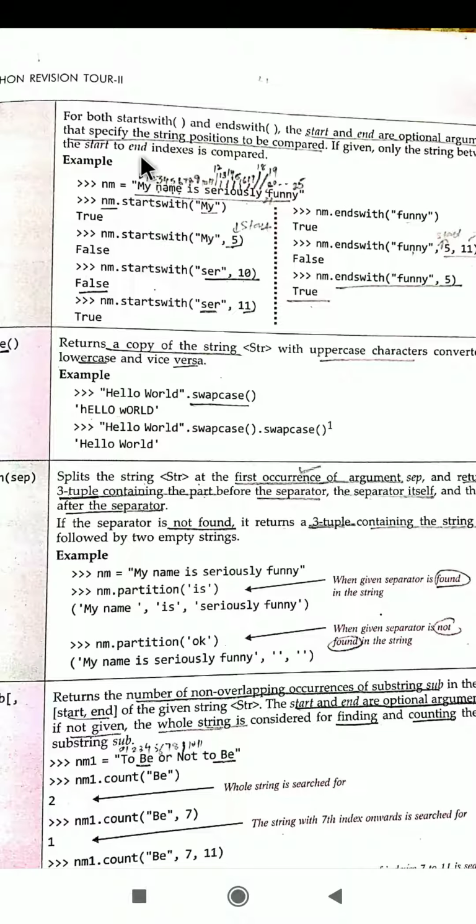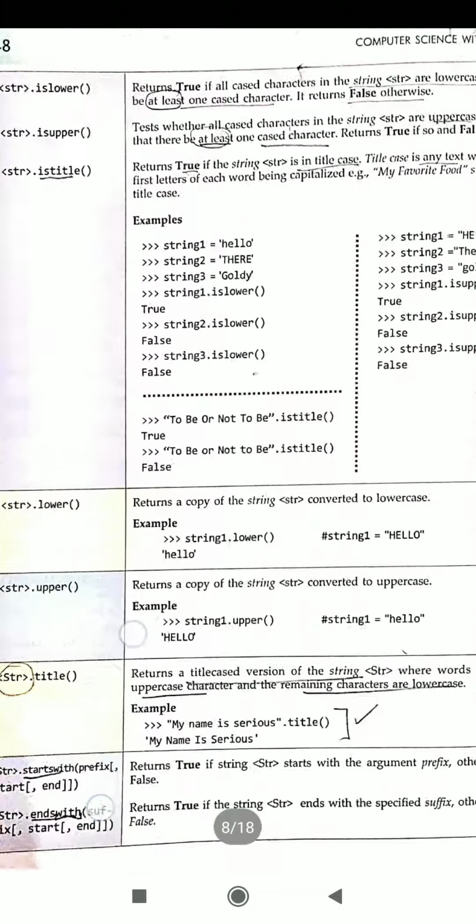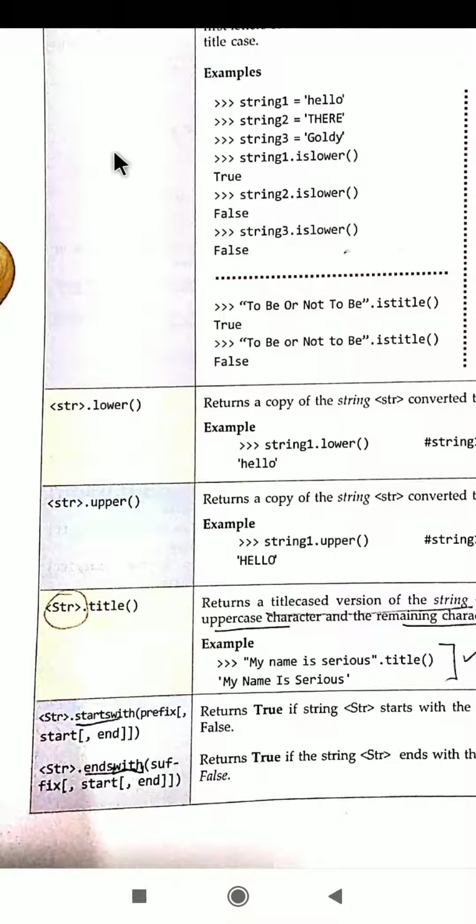See, this string has been initialized to this nm variable. Now this nm variable is attached with the startswith function, and my is the substring that is to be checked inside this nm string. Here we have not specified the starting and ending. In this case you can mention the starting subscript and the ending subscript.